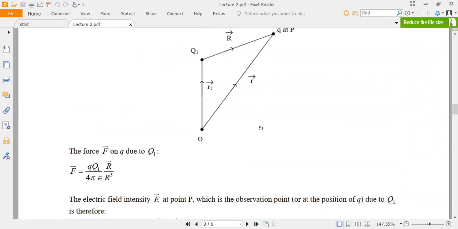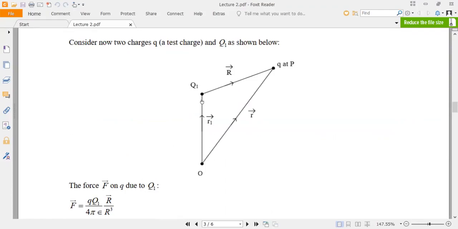Now to answer your friend's question, you can get the electric field intensity here. But if you want to get the electric field intensity here, you need to have your charge Q1 placed somewhere, right? Because again, I'm saying this small q, think that we just placed it for our mathematical purpose.